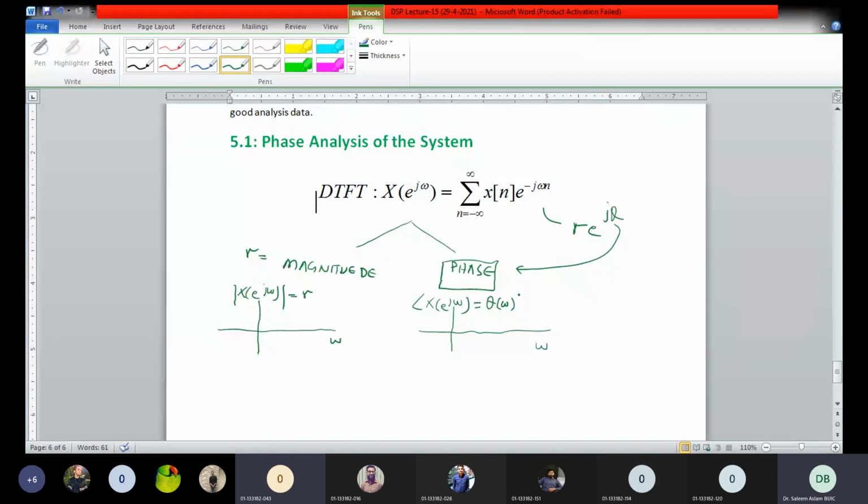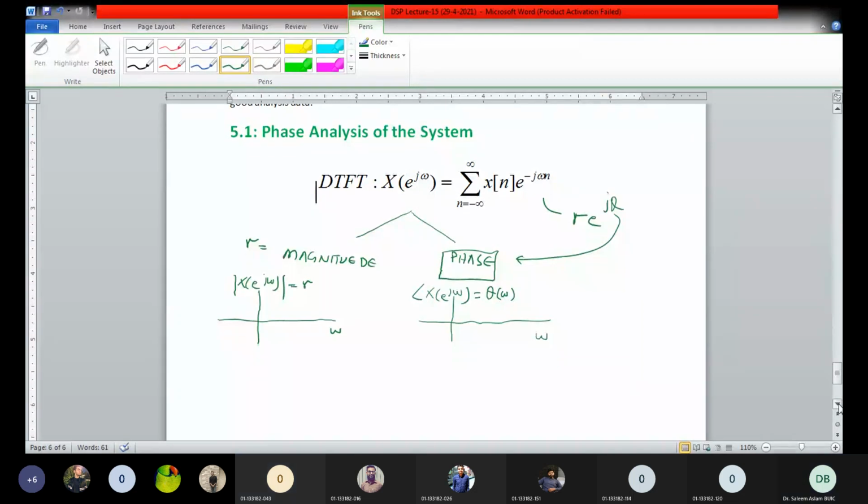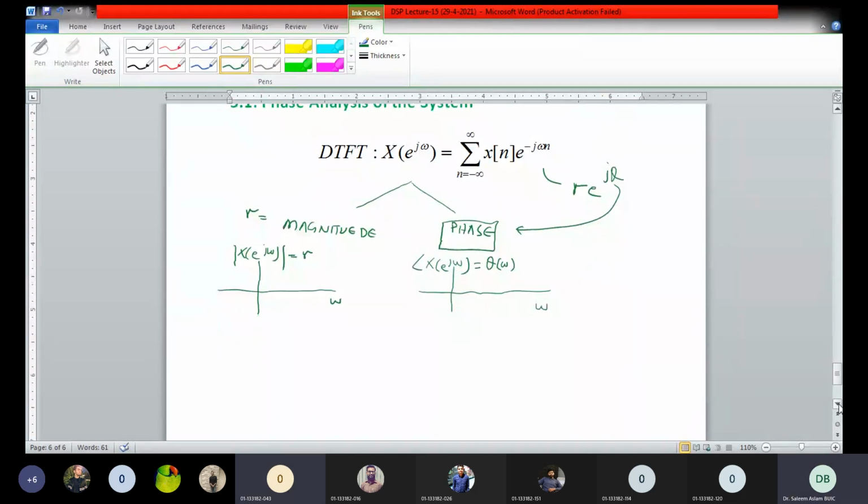Yes, sir. If you remember, I said that the magnitude and phase plot is for an engineer like a blood report or a urine report for a doctor, or maybe the CT scan, or maybe the DNA.